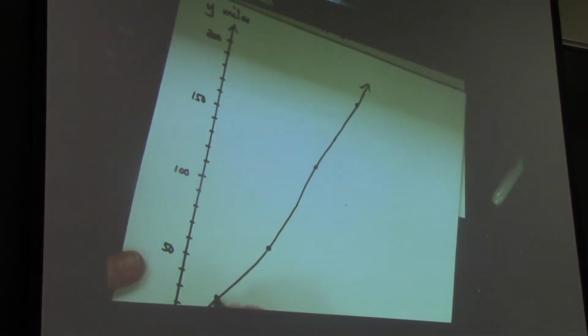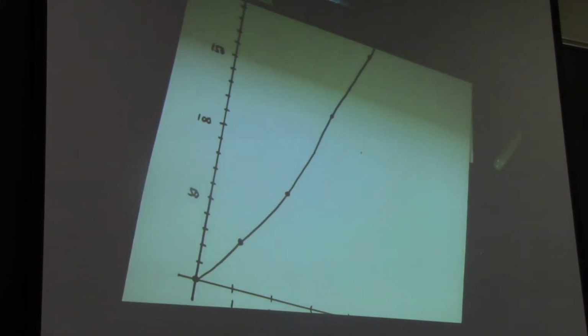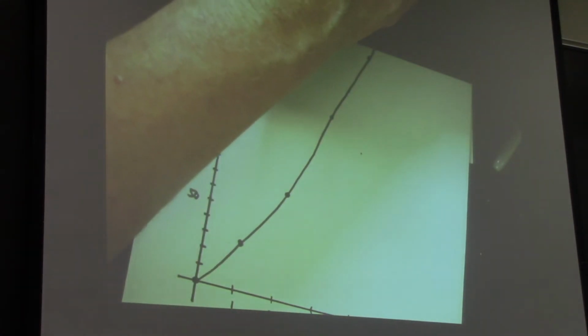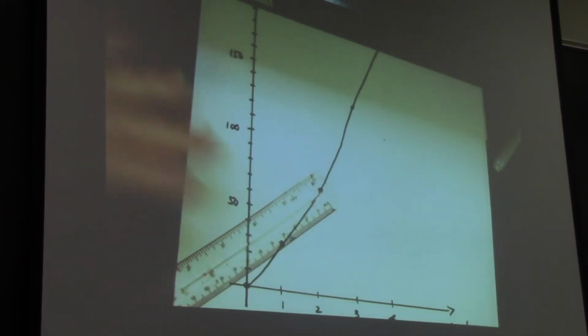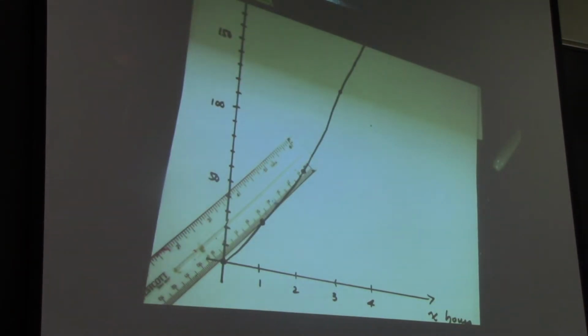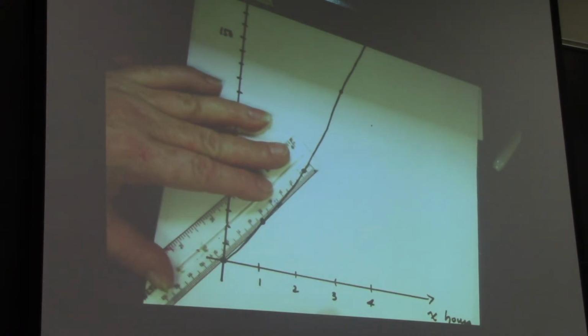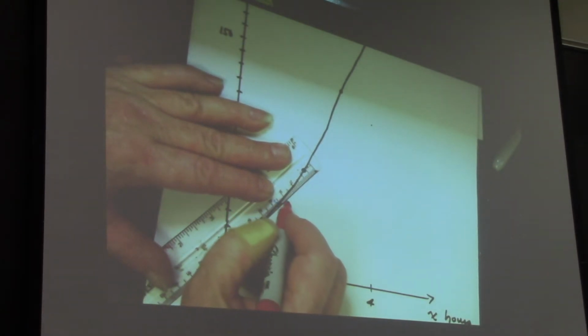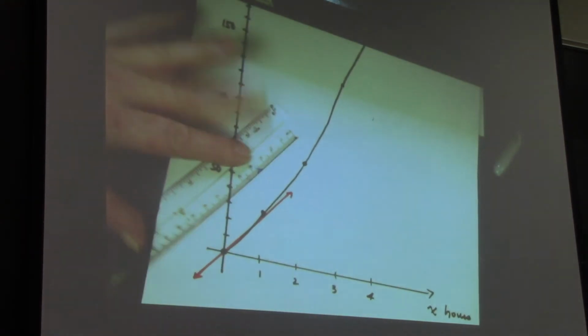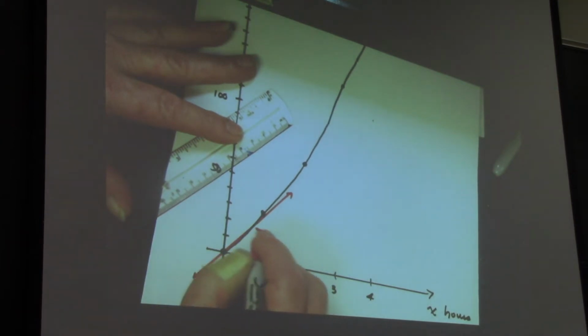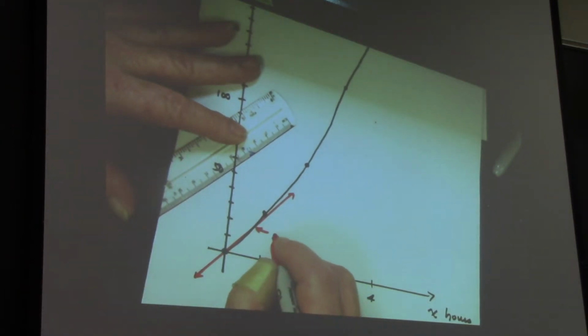Okay. Now, if you want to know how fast you were going on every single hour interval, you would just need to know the slope of the secant line passing through those 2 points, okay? So if I want to know how fast I was going during the first hour, it's the slope of that secant line. And we already calculated that.